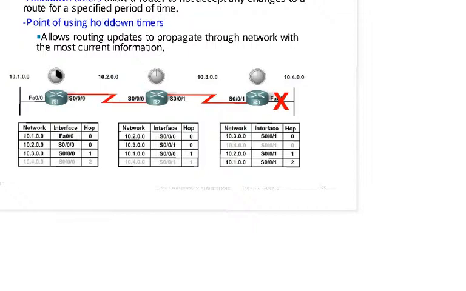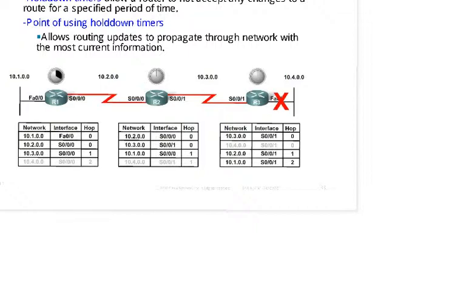Right? Because the routing table says that I have a direct connection. So it will not forward it here. So in that case, the routing loop will not happen. Right? But I'm still forwarding the packets to this destination network.